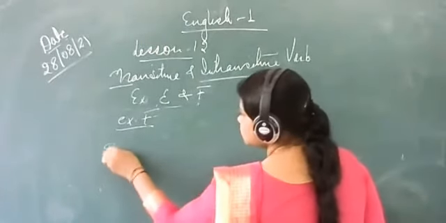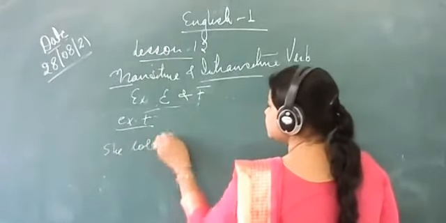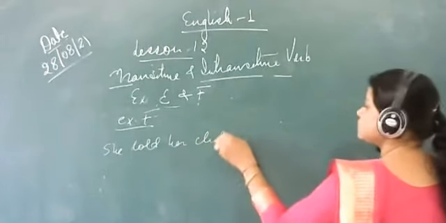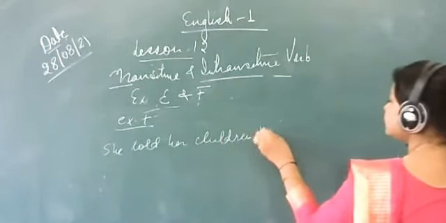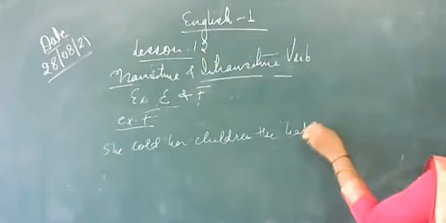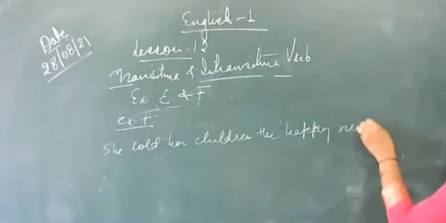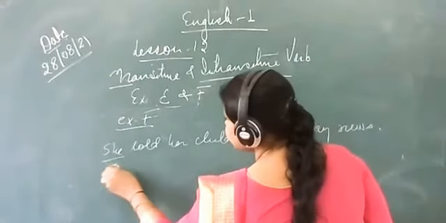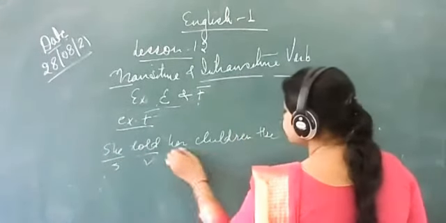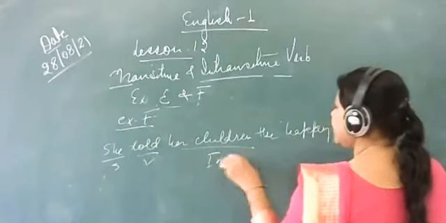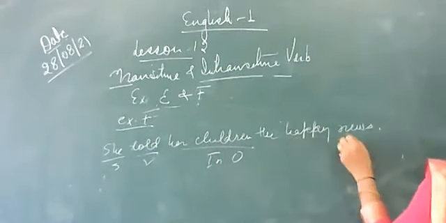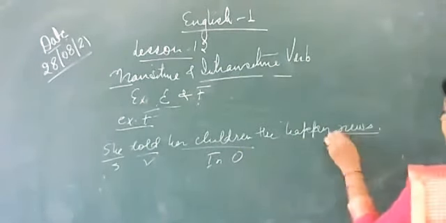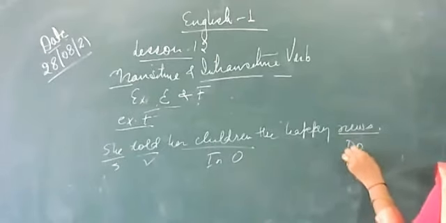Okay. She told her children the happy news. Clear? So here, see, she is subject, told is verb, children is indirect object, and the happy news is direct object.